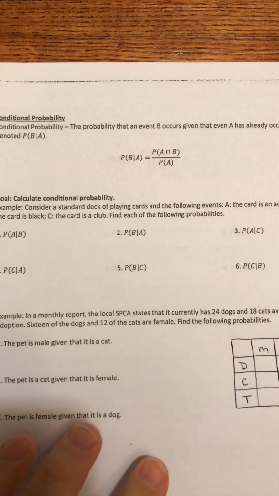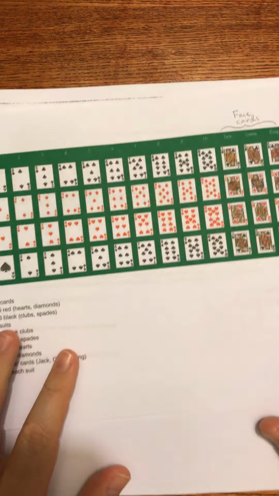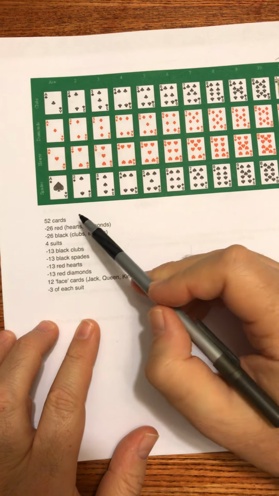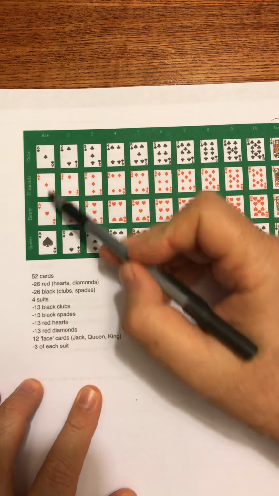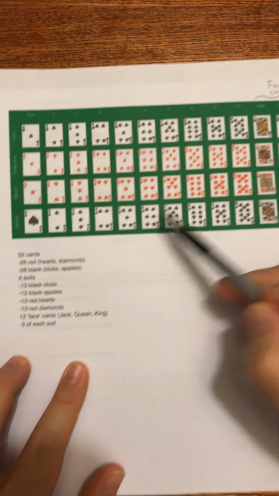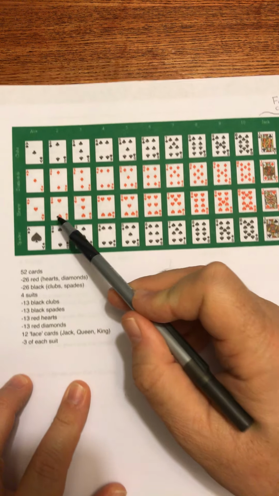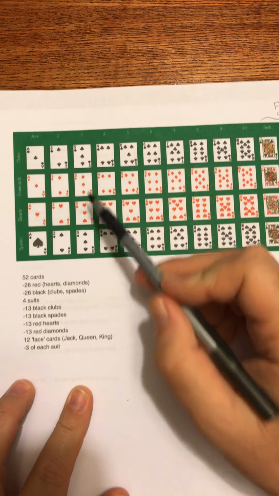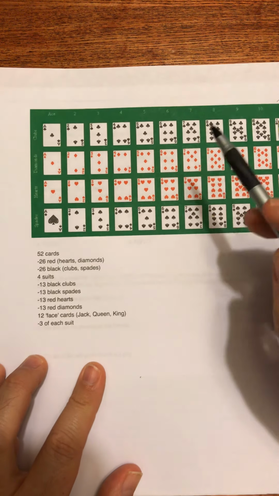All right, so let's go over a deck of cards. Here's a deck of cards, and I wrote down here all about the deck of cards. There's 52 cards. 26 are red, these are red. 26 are black. That's half. The reds are the hearts and the diamonds. The blacks are the clubs and the spades.